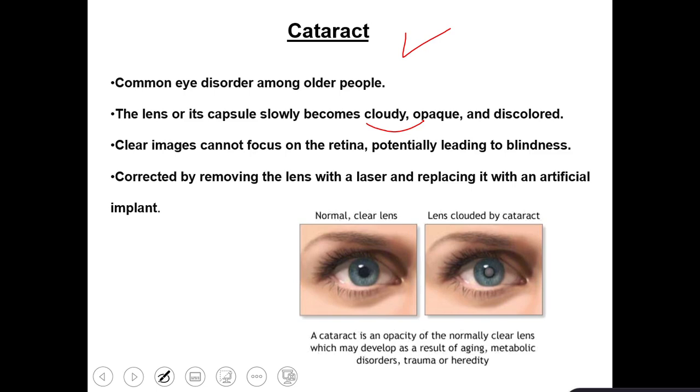As a result, clear images cannot focus on the retina. This can lead to blindness. However, it's easily treated by removing this cloudy lens and implanting another one.